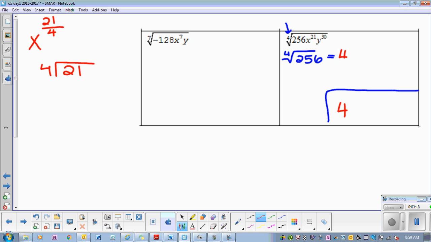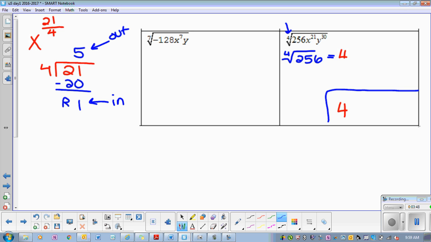So that 5, that whole number, goes here. That's your outside number. So what is 5 times 4? 20. Then subtract that out of the 21, and how many do you have left? 1. So this number is how many come out, and this number is how many have to stay inside.